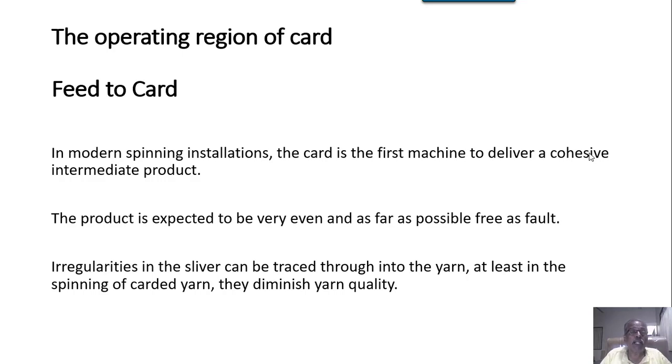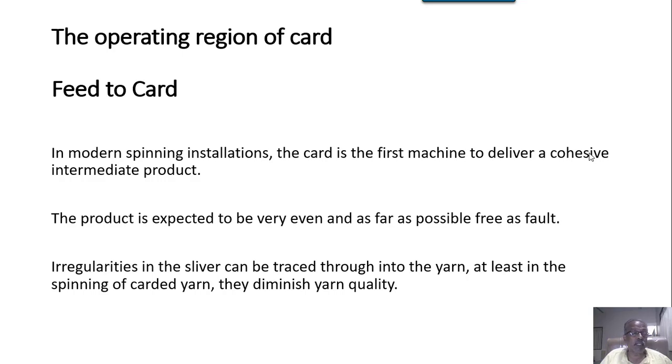Now modern carding installations, already we had seen this thing, just quickly we go through this one. In modern installations, the card is the first machine to deliver a cohesive intermediate product. This product is expected to be very even, and as far as possible free from faults. Irregularities in this fiber can be traced through into the yarn.